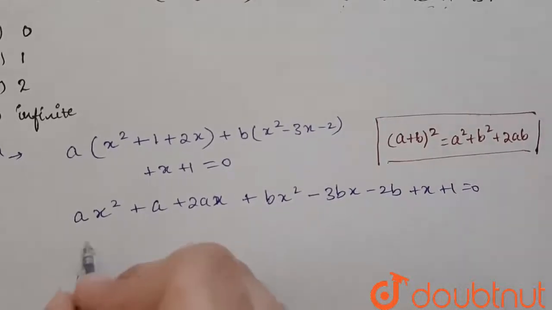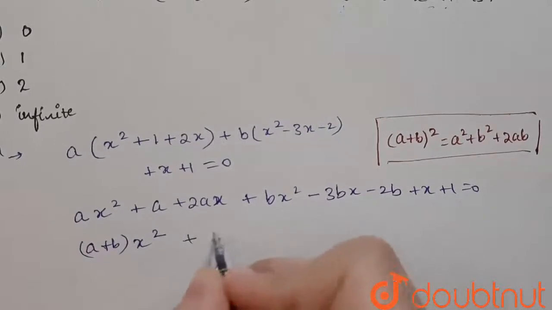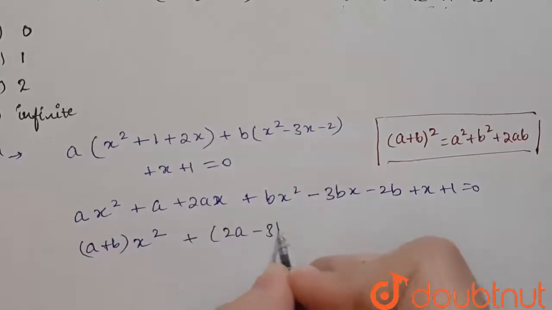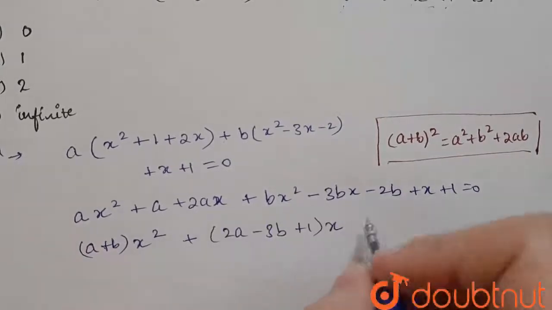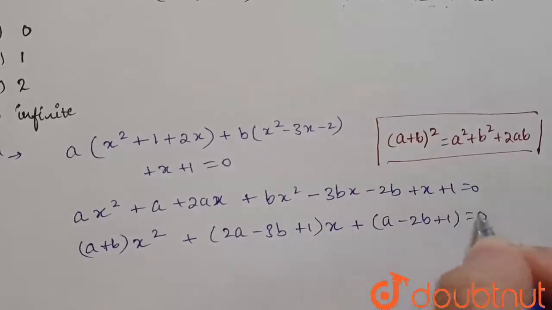We will write it as (a + b)x² + (2a - 3b + 1)x + (a - 2b + 1) = 0.